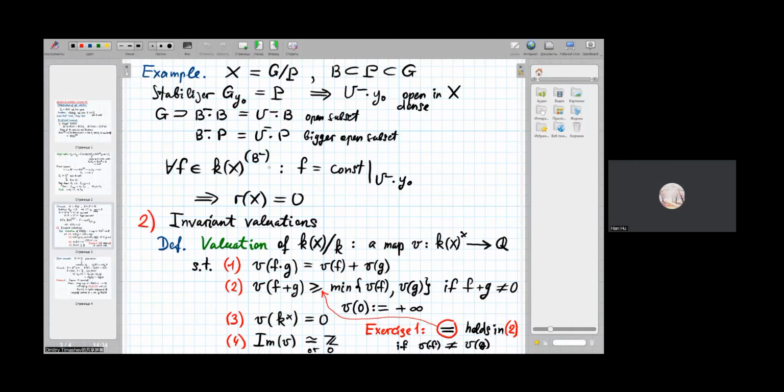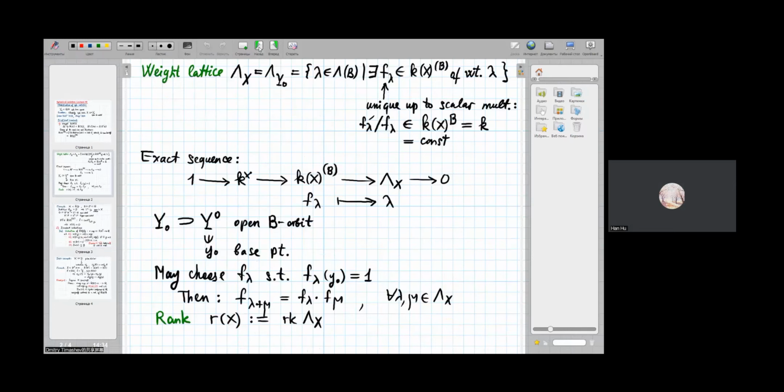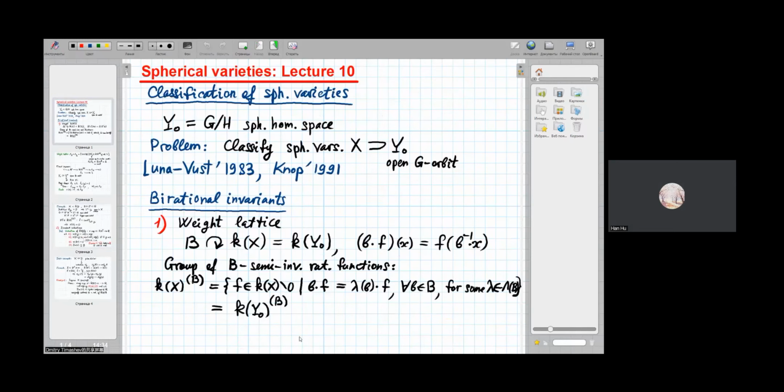In this course, an element B acting on F is given by this formula, right? Well, I think in the first course you write that the value of B acting on F at X is the value of F at X times B. Well, I wrote something like this.